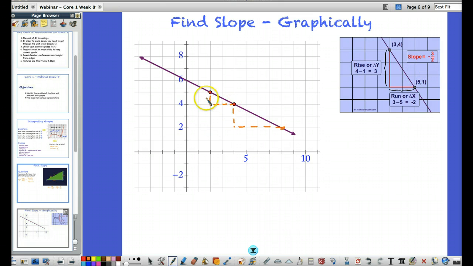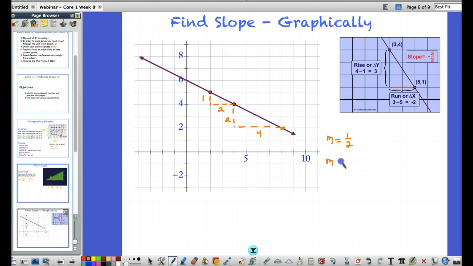going to count. So on this one, we have a rise of 1, right, and a run of 2. And on the second one, we have a rise of 2, but a run of 1, 2, 3, 4. So the reality is, though, is that the same slope? Yes, because our slope on the first 2 points was 1 over 2, right?